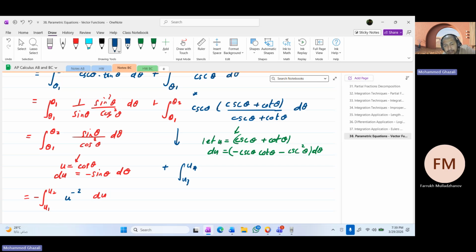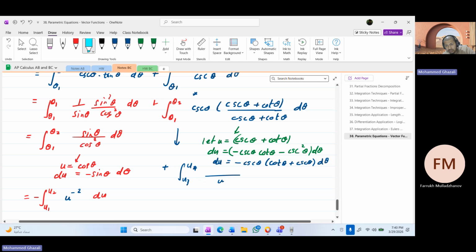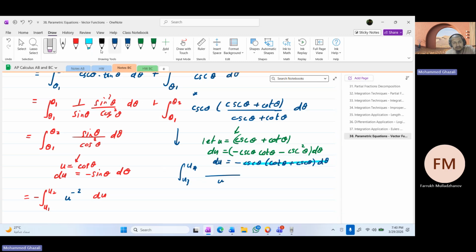What is u? Cosec theta plus cot theta. So the denominator is u. What is d theta? Oh yes, we can simplify du. In du over here, I can take a negative cosec theta as a common factor. I'm left with cot theta plus cosec theta d theta. So great, we do have cosec cot d theta, so that's also negative du.